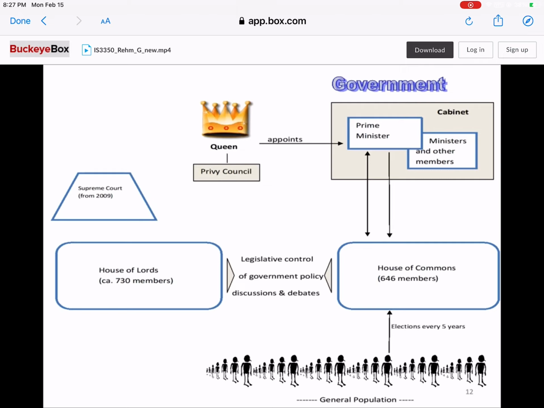Note that the Prime Minister can fire the House of Commons, and in fact has to dissolve the House of Commons at least within every 5 years. So there is no fixed election schedule, unlike in the US, where we have elections every 4 years on the second Tuesday of November. We call these endogenous elections in the UK because the Prime Minister gets to decide when the new election is going to be.